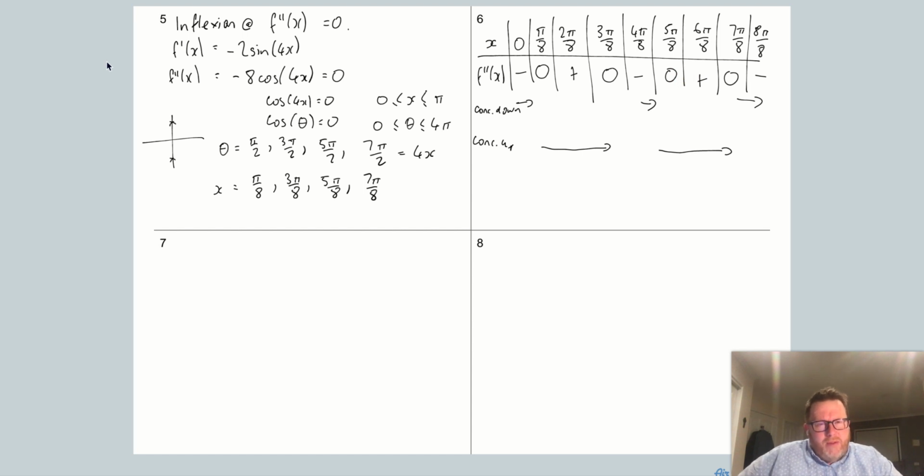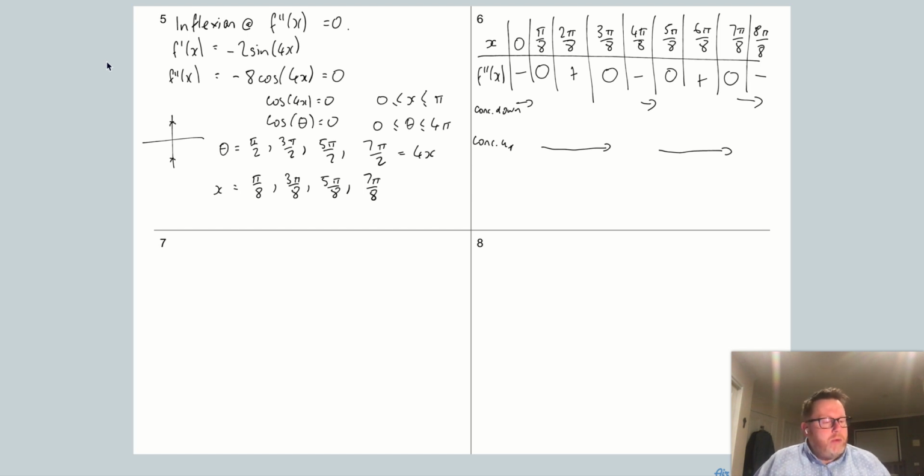Okay, so hopefully that makes sense. The one thing I didn't go through, which I could have, was looking at the turning points. So f dash of x equals 0. I could have written that as a sign diagram as well and looked at f double dash of x.